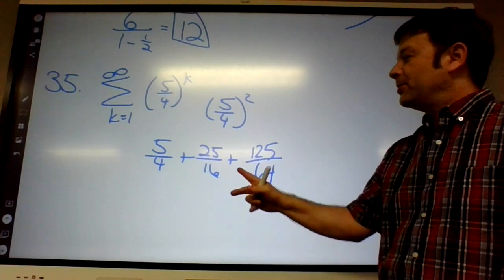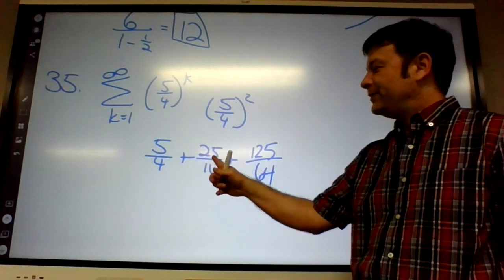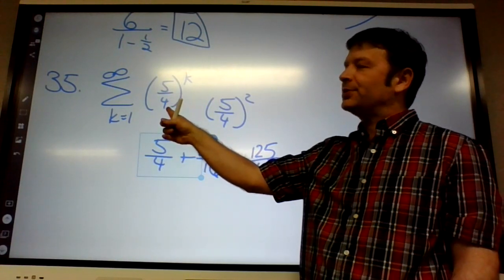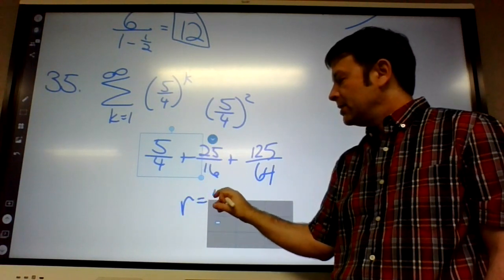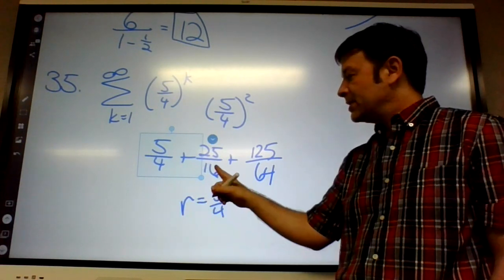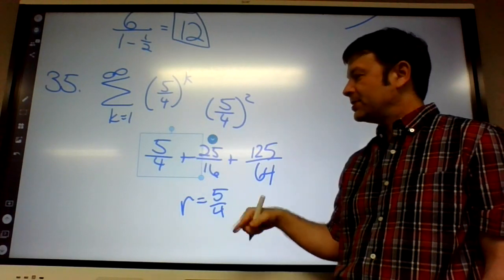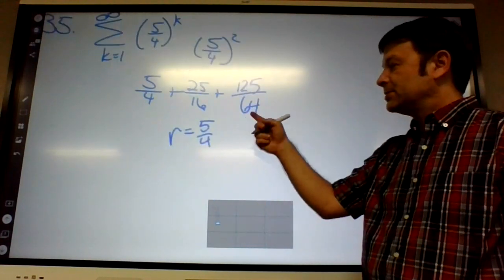And I was right. So, what's the pattern here? What's the common ratio? If you do this divided by this, you'll just get 5 fourths, because basically it's just multiplying 5 fourths over and over again. So the common ratio is 5 fourths. Is this going to converge?